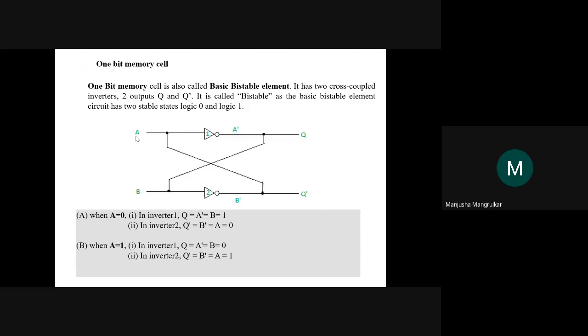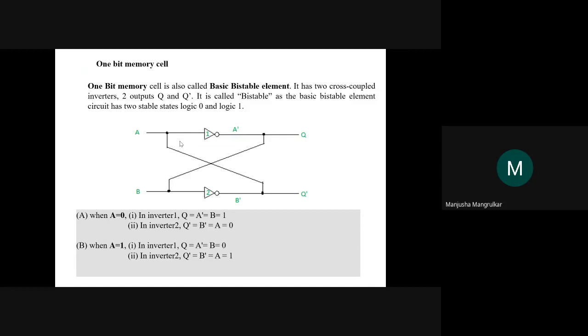Now the second case: suppose A is equal to 1. So A complement is equal to 0, because this is the NOT gate. If you give a 1, you will get a 0. So Q is equal to 0. You are giving this 0 as the input of the second NOT gate, B, so B complement is equal to 1. Again it goes to A equal to 1, right?